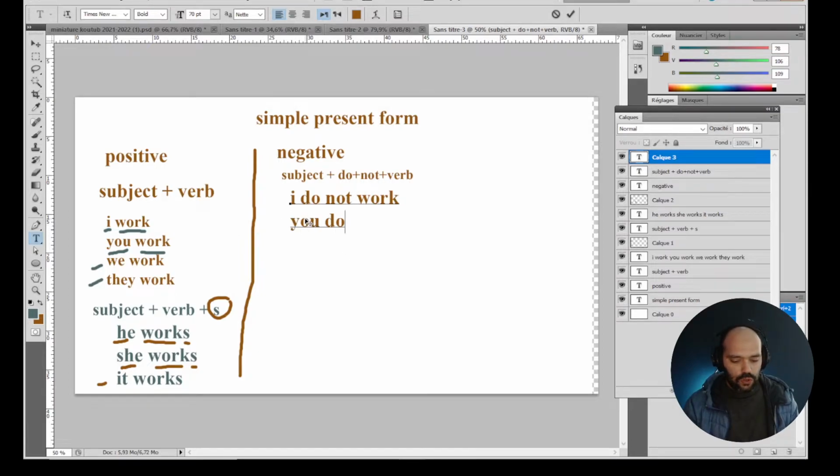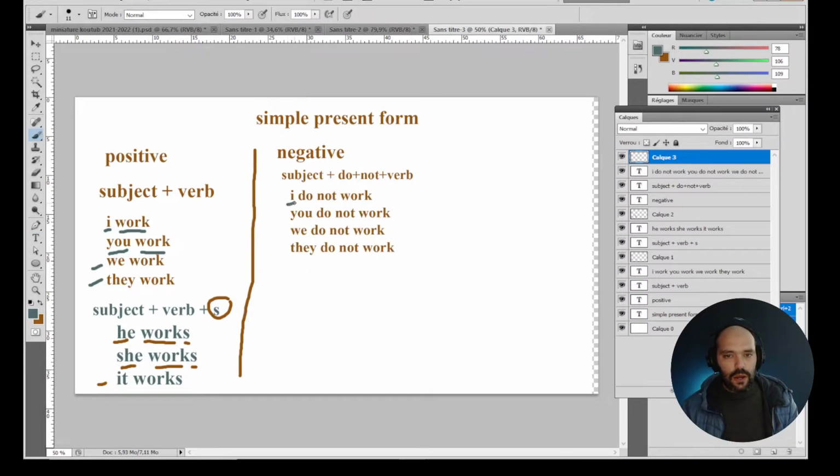You do not work. We do not work. And they do not work. I is the subject. Do not is the negative form and verb. You is the subject. Do not is the form of negative and work. And the same in the next sentences.